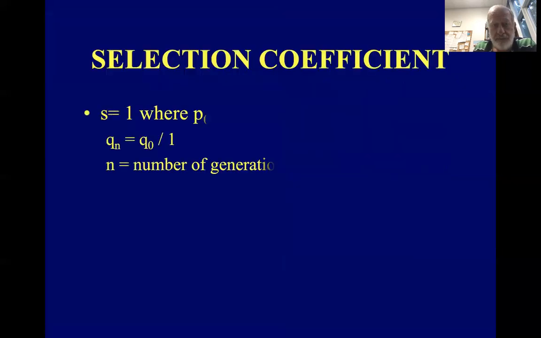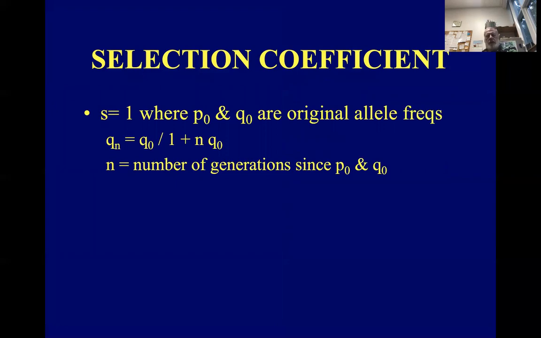So then if our selection coefficient is at its maximum, we can calculate the allele frequencies in the future generations with this formula, where n is the number of generations since p sub naught and q sub naught, the starting point in time, if you will.